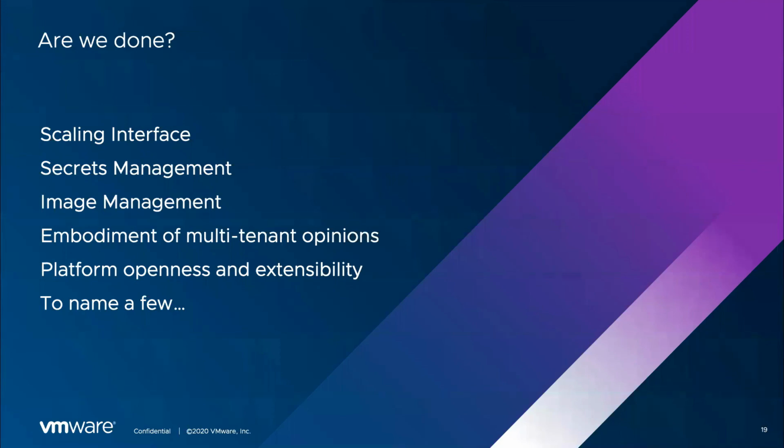So we've reached 1.0, a huge milestone for us, but are we done? Well, absolutely not. There is still lots of things we want to do, in no particular order. At the moment, scaling is an exercise left to the operator. We provide documentation, and luckily in YTT we have a tool that allows for this customization.